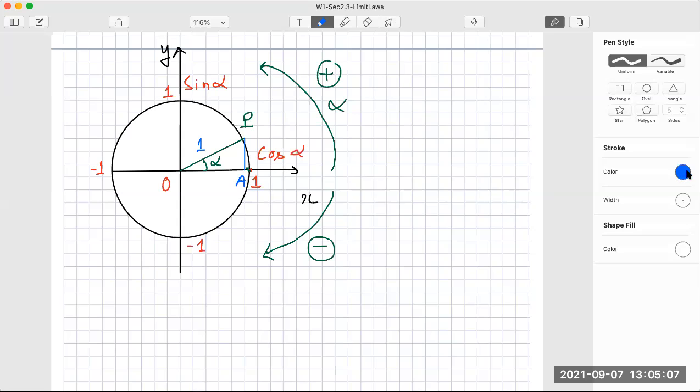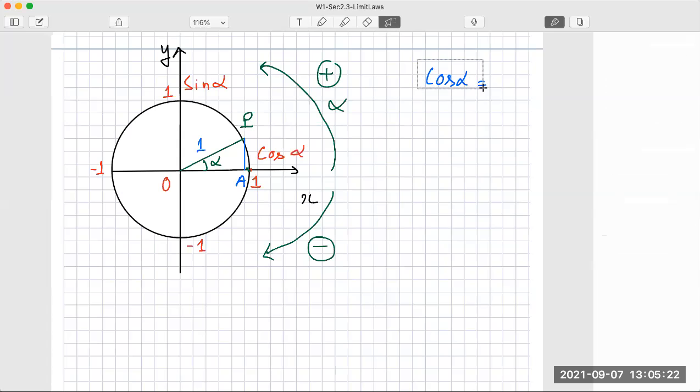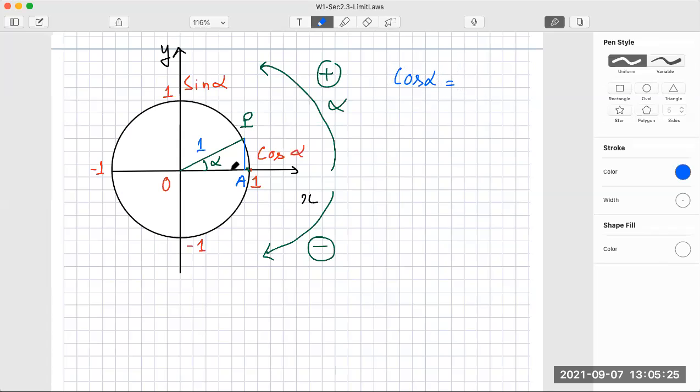So inside the triangle OAP, what is cosine of alpha? Cosine will be the adjacent leg divided by the hypotenuse. It will be OA over OP, right?